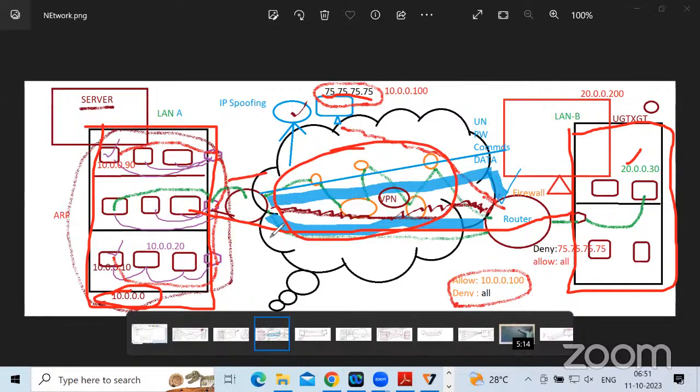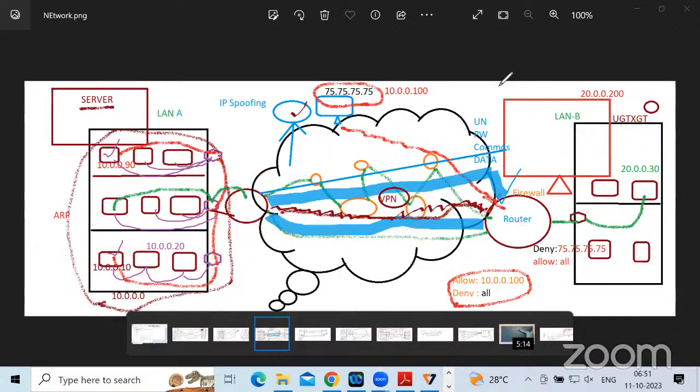And another thing, router. So router is used for interconnecting two networks. We have already seen that. Now, suppose this computer wants to communicate, it will come to this switch, then to the router. It will enter into the network, that is internet.